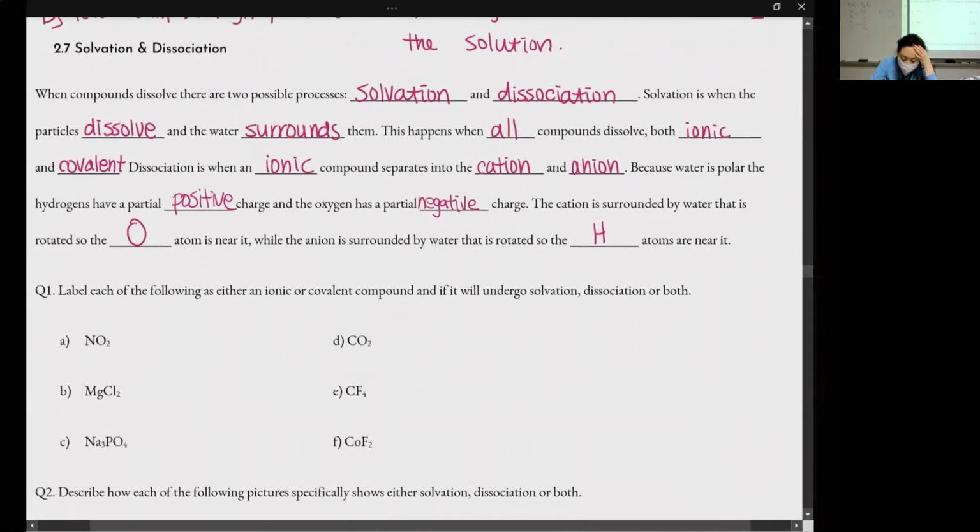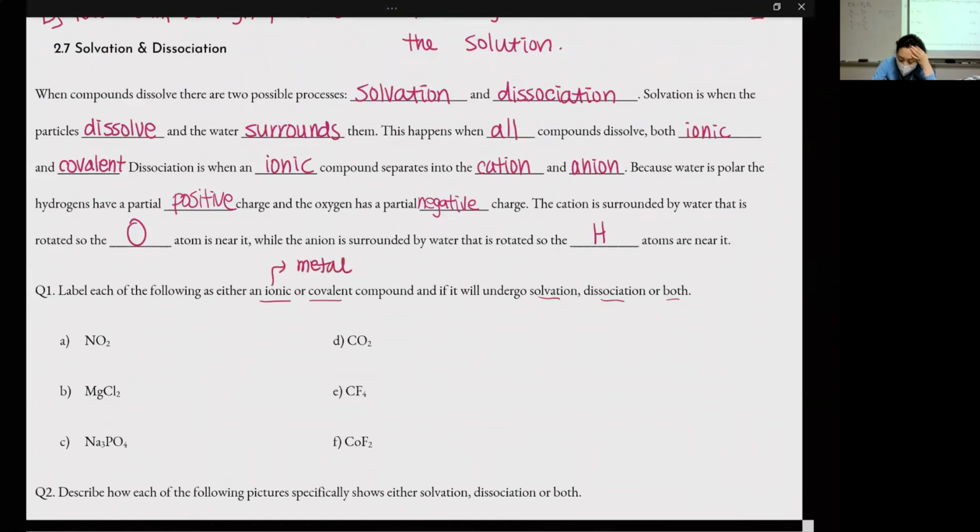Okay, question 1 says label each of the following as either ionic or covalent compound, and if it will undergo solvation, dissociation, or both. Ionic is when you have a metal cation, and covalent is when you have only non-metals. And then you look at the periodic table to figure this out.